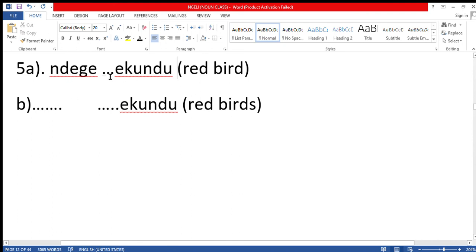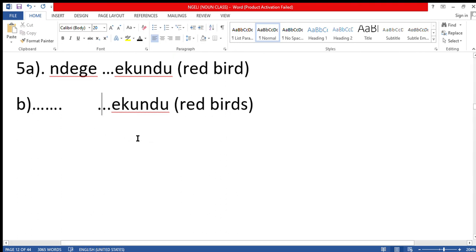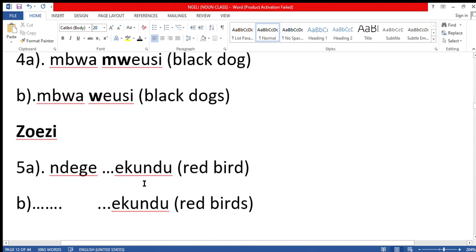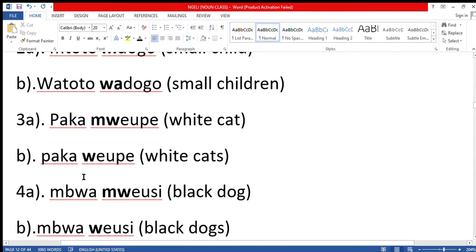I've just talked about it up there. Then also right here, complete this part to mean red birds. So ekundu is red. Only the three colors, ekundu, eusi, and eupe, take these prefixes like this. Okay.